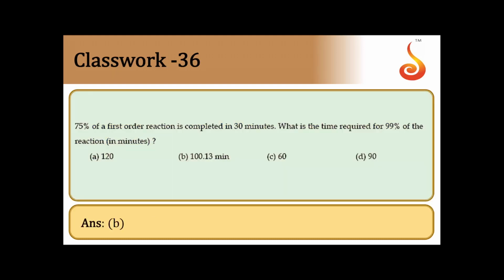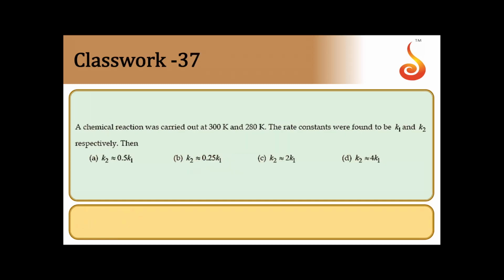36th one, option B. Next one, 37th one. A chemical reaction was carried out at 300 Kelvin and 280 Kelvin. Rate constants were found to be K1 and K2 respectively. Then the order of K1, K2. At higher temperature, value of K is always going to be higher.